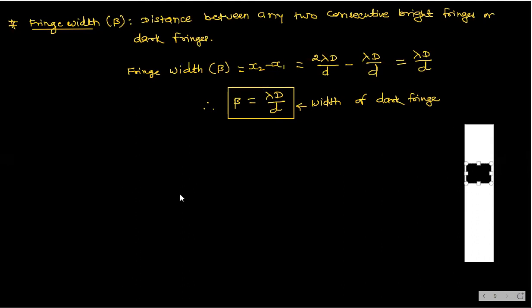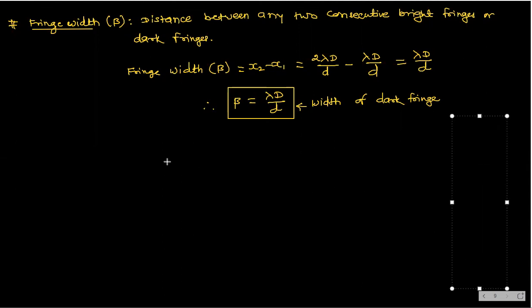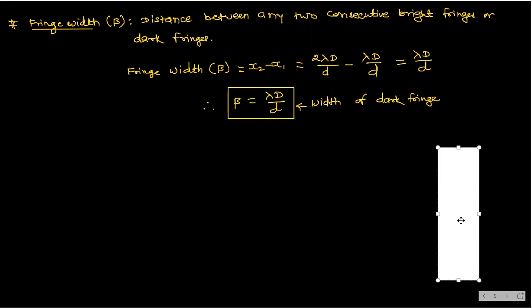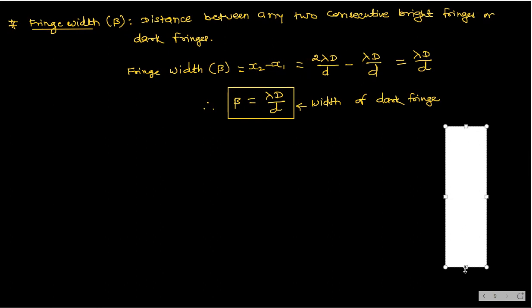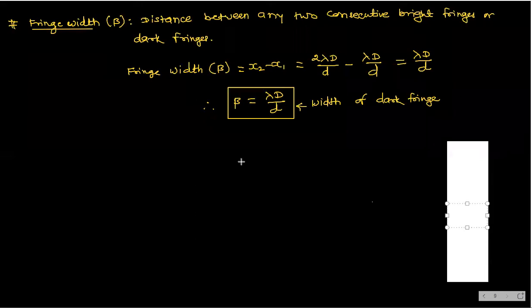I will change color because I want to denote with black and white now. So I will take white as the screen. This is a screen, and this is a bright spot, and I am taking a black spot so that you will understand.